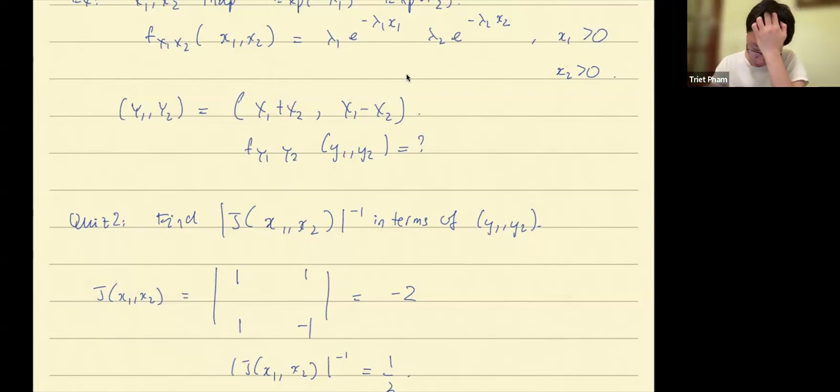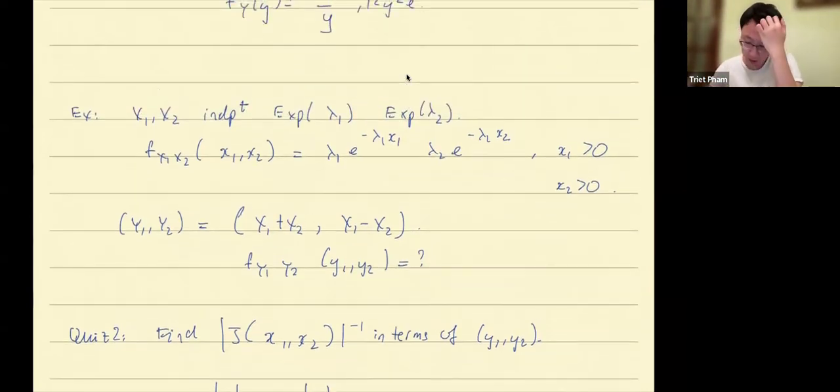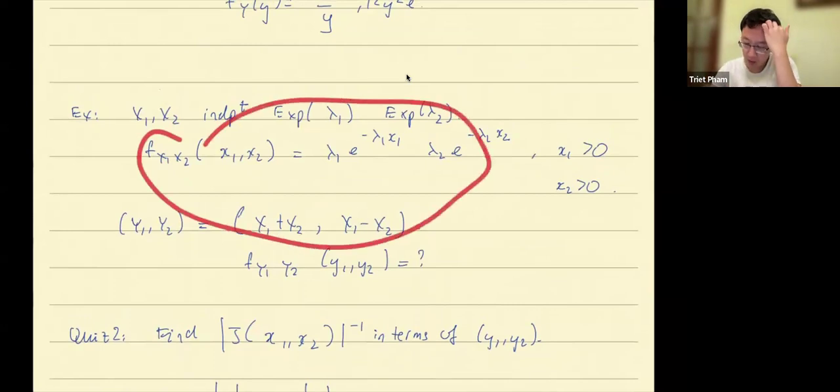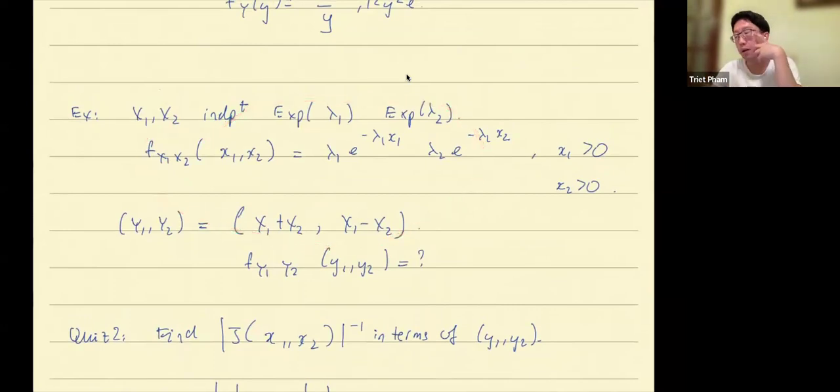So notice the formula says it's the same density, just multiplied by the determinant of the Jacobian inverse.